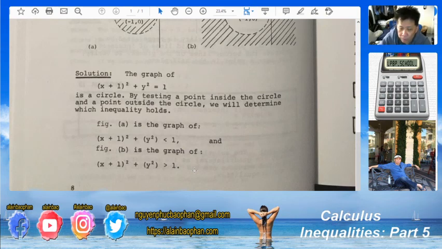This video is video number 5 of chapter 1 inequality, and we finished chapter 1 right here. So to summarize, we go back to chapter 1, to part 1.